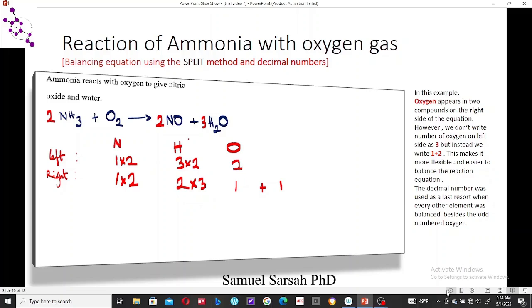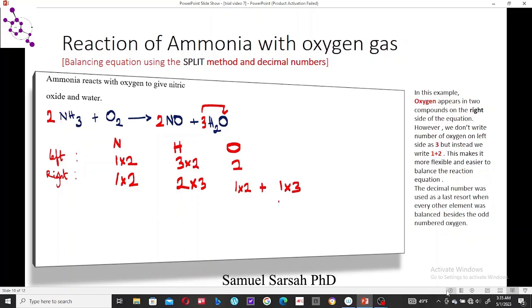The oxygens, 2 on the one side. On the other side we have 3, that is this. So everything is fine except the oxygens.